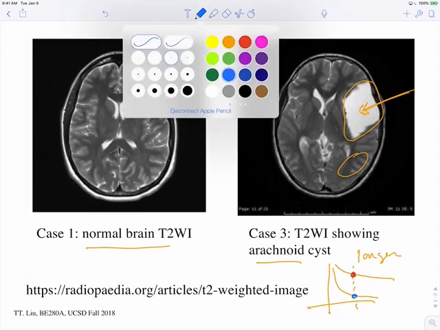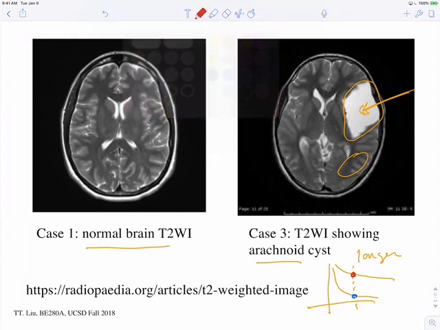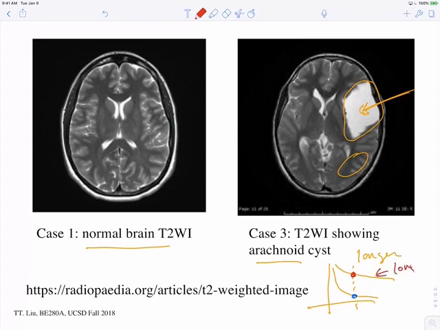And clearly this has a long T2, so it's decaying very slowly. By the time you acquire it, the other tissues have decayed quite a lot, but the water, or the cerebrospinal fluid, that's filling that cyst has a very long T2, so it persists. It has hardly decayed at all.